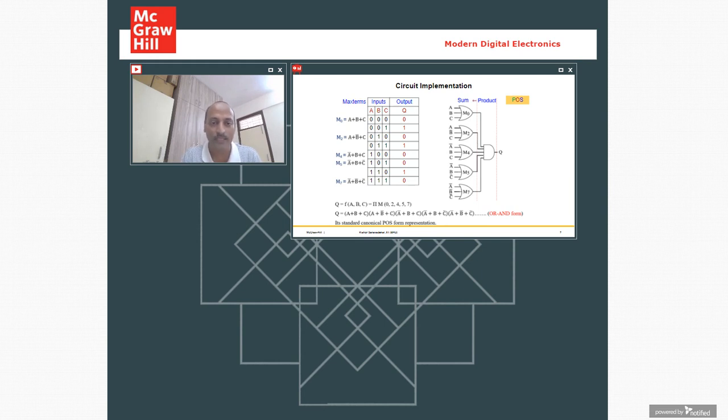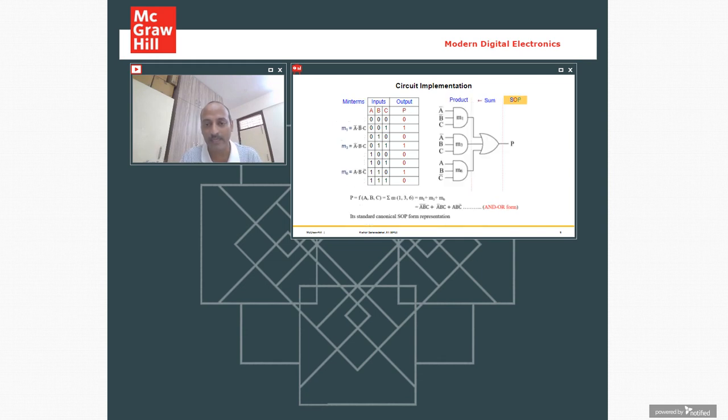When we are writing all the literals for a given term, then we call it a standard canonical form. Now what I want to highlight is that in the previous implementation, we required three AND gates of three inputs and one OR gate.